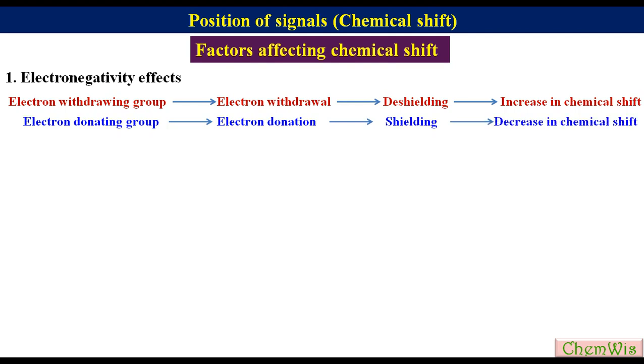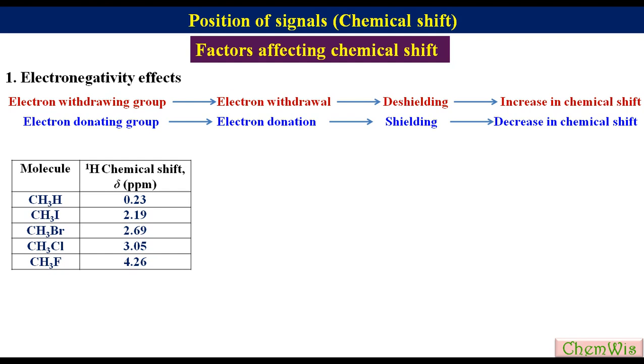For example, in this table, all the 5 molecules have a common CH3 group, but the CH3 is attached to different groups in different molecules. This is the electronegativity order of these groups.